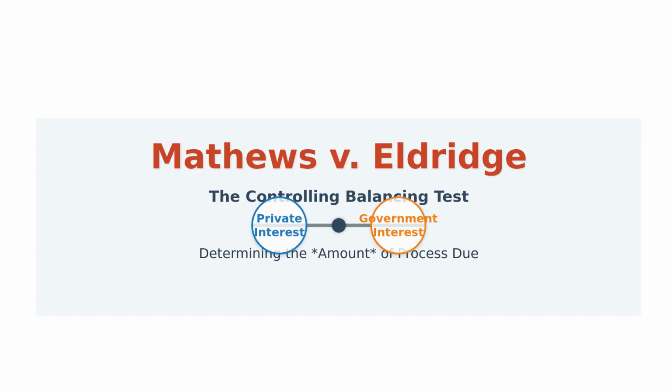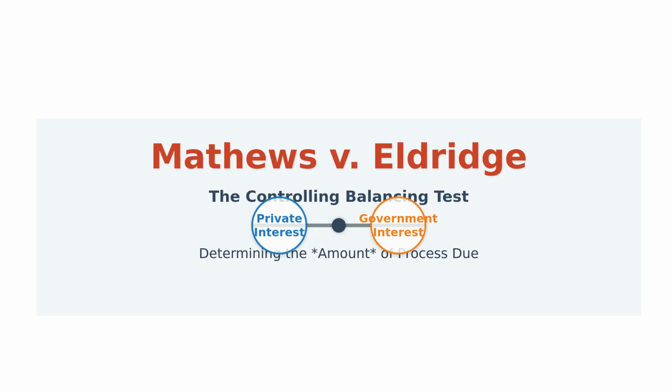Therefore, the precise amount of process required is determined by a flexible balancing test established in the landmark case, Matthews v. Eldridge. This test, decided in 1976, replaced rigid formulas with a pragmatic approach. Instead of asking if process is due, Matthews asks how much process is due.